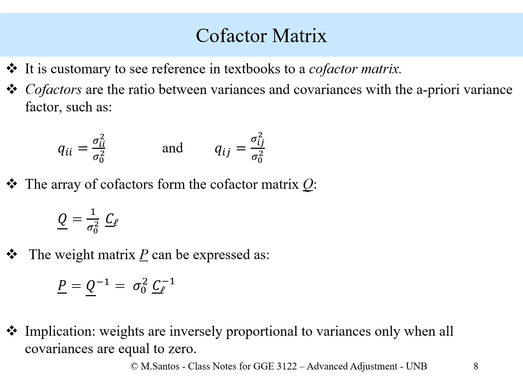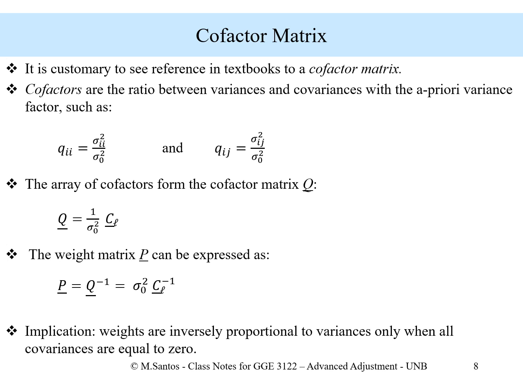Let us represent the cofactor by the letter Q, such as Q sub ii equals the variance of i over the a priori variance factor, and Q sub ij equals the covariance of ij over the a priori variance factor.